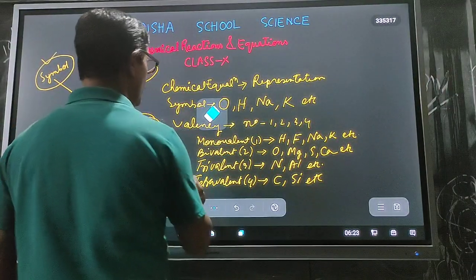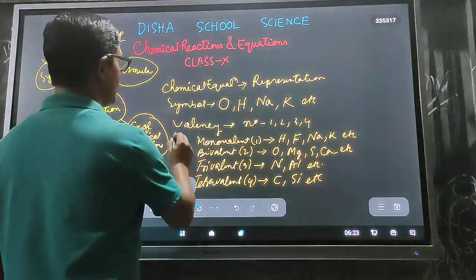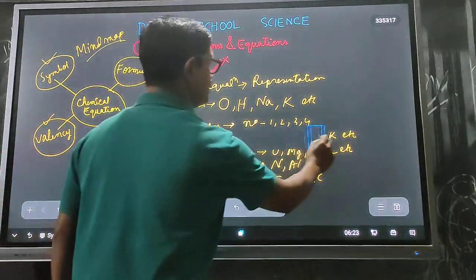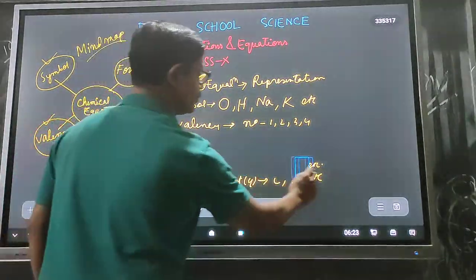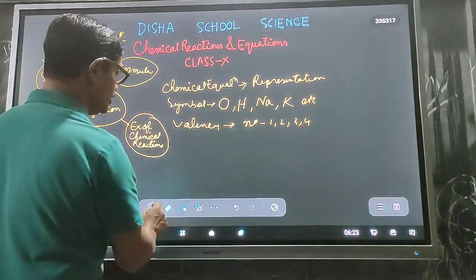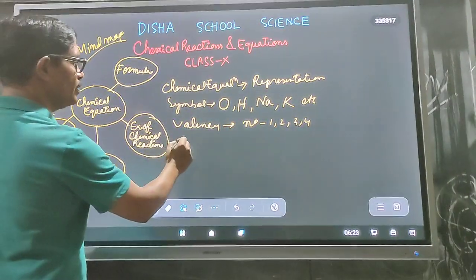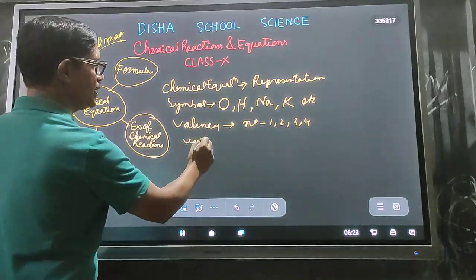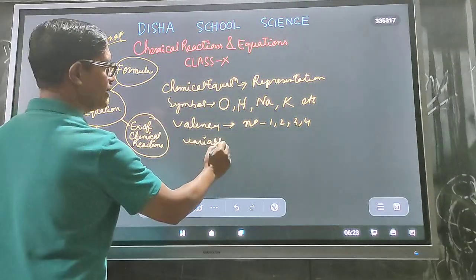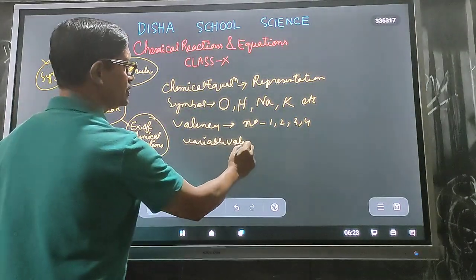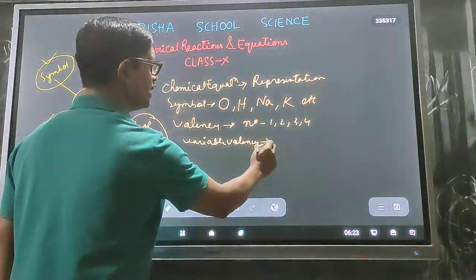Besides these 4 categories, other valency is also there, called variable valency. Some of these elements show variable valency.